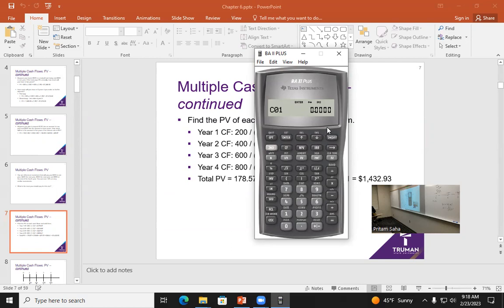We are receiving, so positive. Now, F01 means frequency of cash flow 1. So how many times will we get this cash flow?